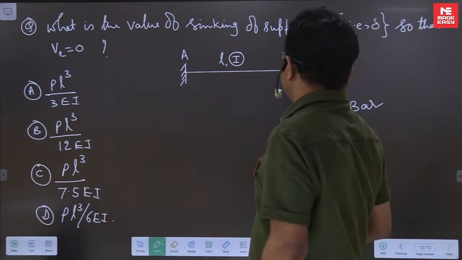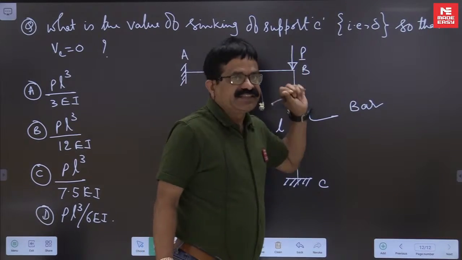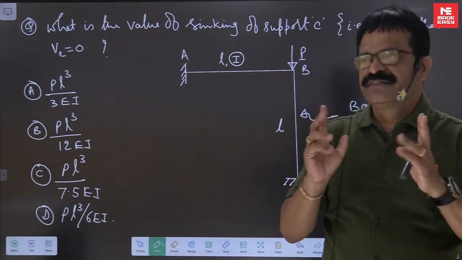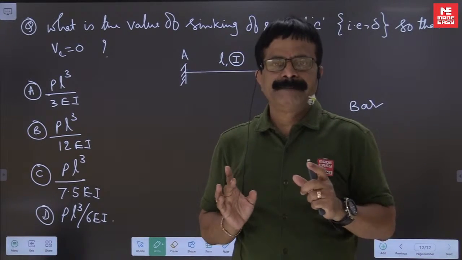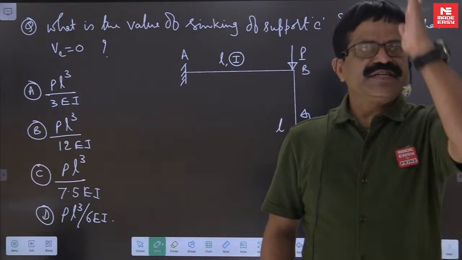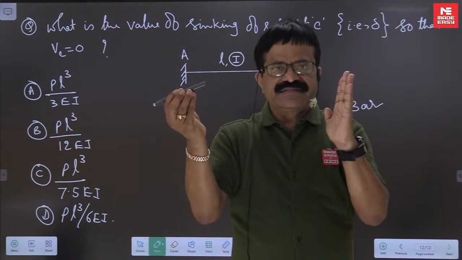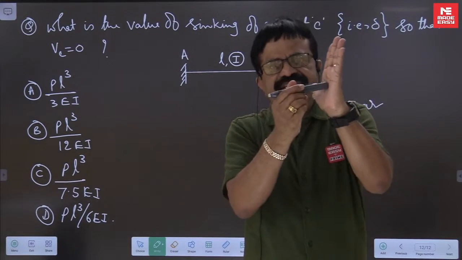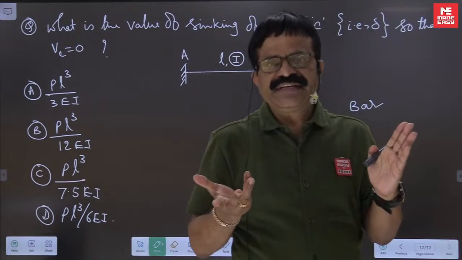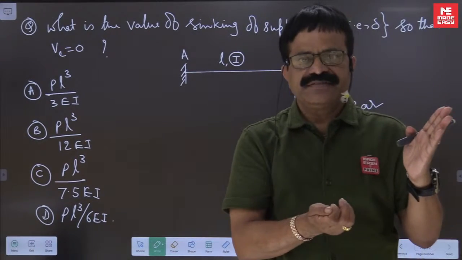It cannot take moment. So even if they give you that it is a rigid joint, a rigid joint has no meaning if one of the two members is so weak flexurally. Supposing you have a wall and you take a thread or cable rigidly connected to the wall, it has no meaning. Whether you connect it rigidly or with a pin connection, it will simply bend.